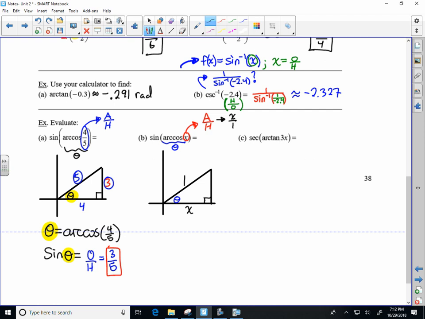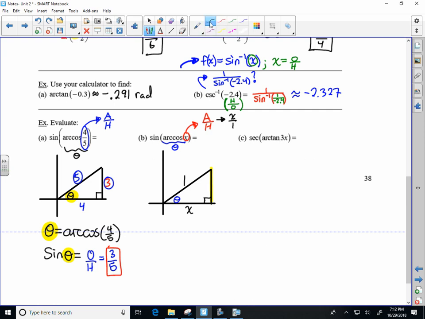A hypotenuse of 1 should not be unfamiliar. All the hypotenuses in the unit circle are equal to 1. That's why it's a unit circle. I need to find the sine of this theta, which is the opposite side over the hypotenuse, just like the last one. It's just a little harder to come by the opposite side in this problem. Let me highlight that actually because it looks terrible the way I just did it.